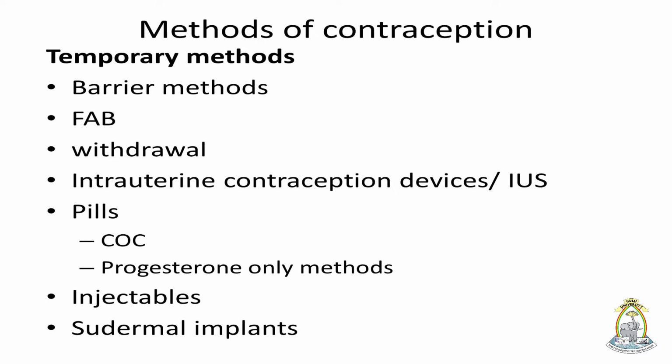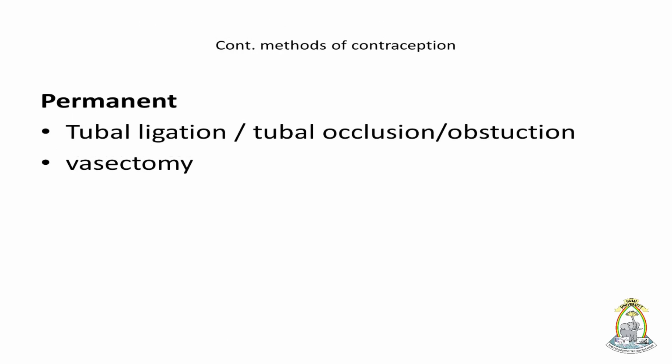And that's a method of contraception that could be barrier, could be fertility awareness based method, it could be withdrawal, it could be intrauterine contraception. These are what they call temporary methods. These are methods that can be reversible. And then we have the permanent methods that we will look at. The permanent methods are the two here.